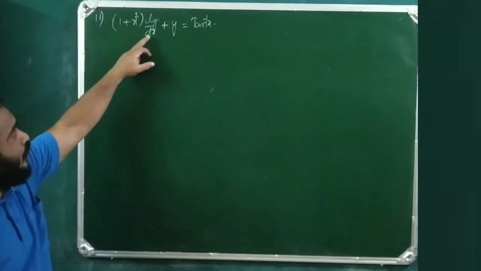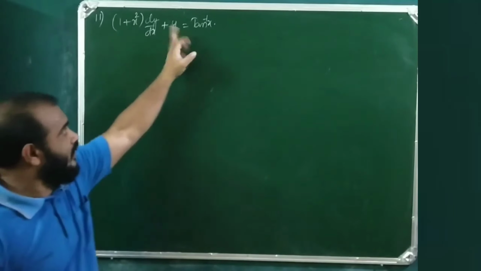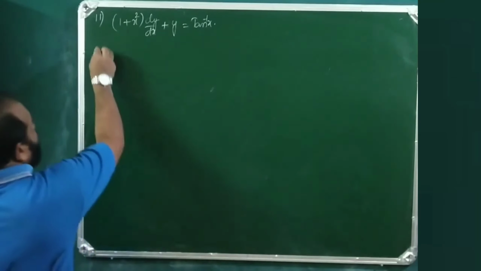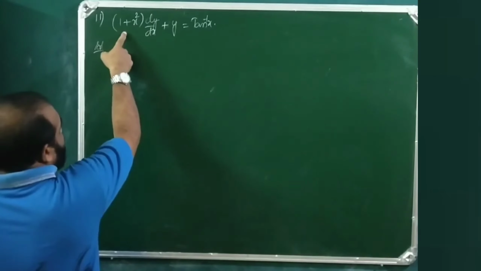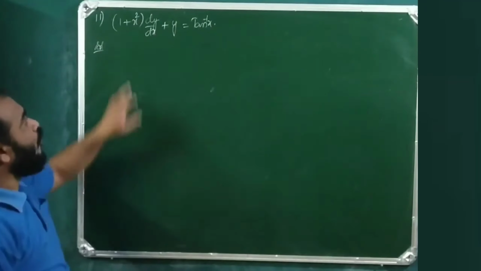Next: (1 plus x square) into dy by dx plus y equals tan inverse x. Let us divide the entire equation by 1 plus x square.